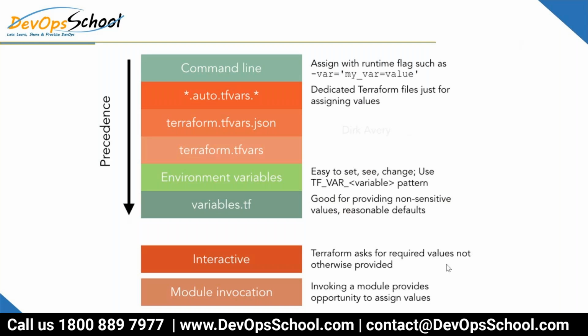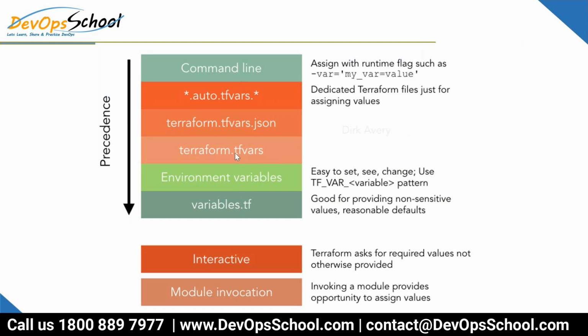Till now we have seen the .tf extension. There are two, three more extensions. What are they? So first thing, where to declare a variable? Command line, environment variable, or any Terraform file, .tf.